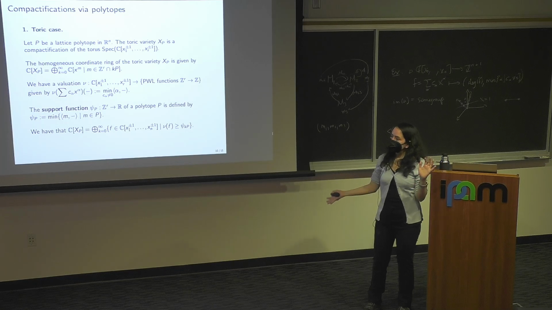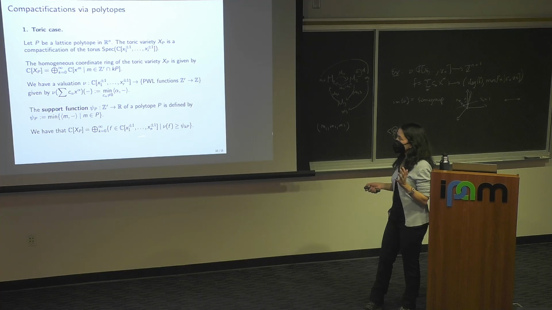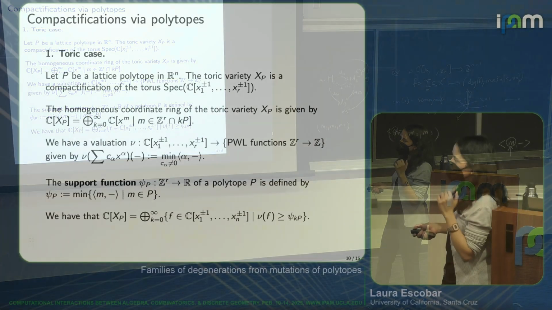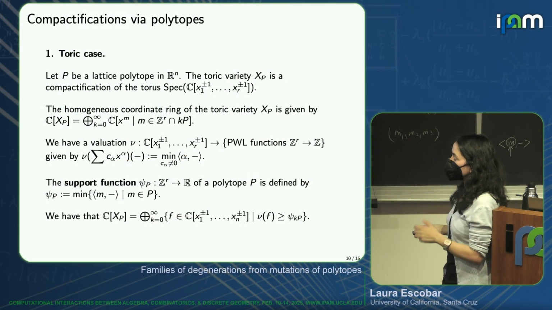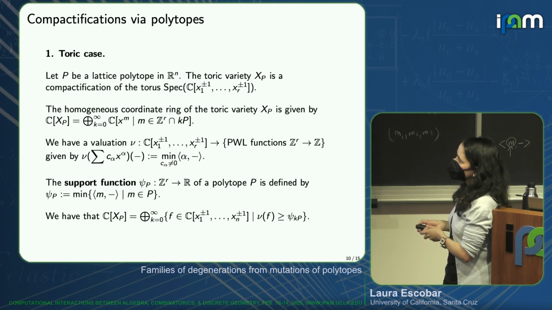Remember I was talking about the Cox-Little-Schenck book that has everything? If you go through it, you will definitely see this, and you will see another way to describe the cone. Maybe you won't see it in these terms, but this is an easy translation of what we have here. We can use these support functions and this valuation to describe the coordinate ring of the toric variety.